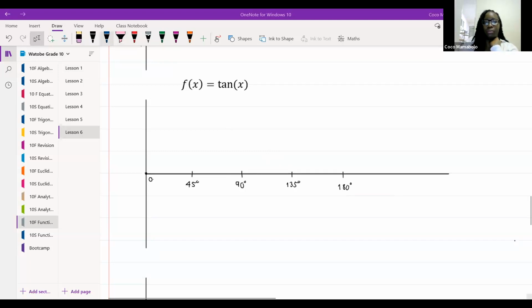Hi, ma'am. I wanted to ask if it's possible for the examiner to say f of x is equal to the inverse of 10. In this kind of graph, no. If they do say the inverse of 10, that means they've given you this number and they want you to tell them what degrees it is.